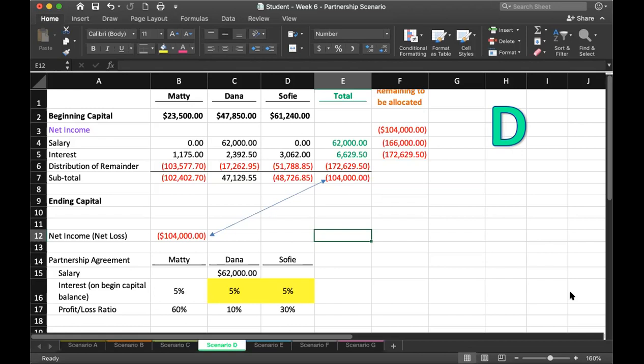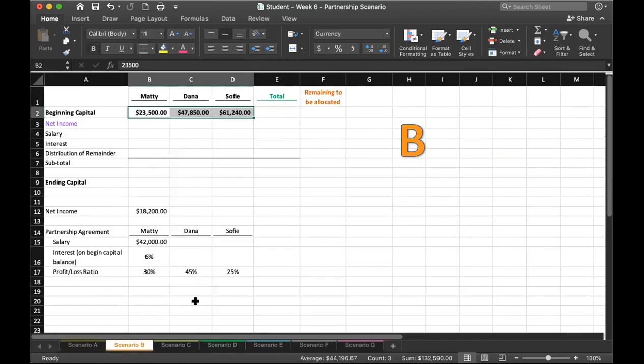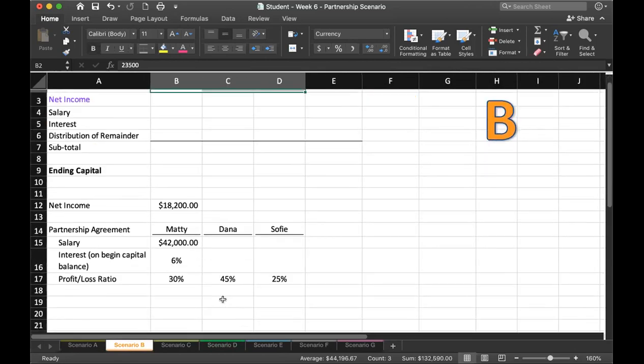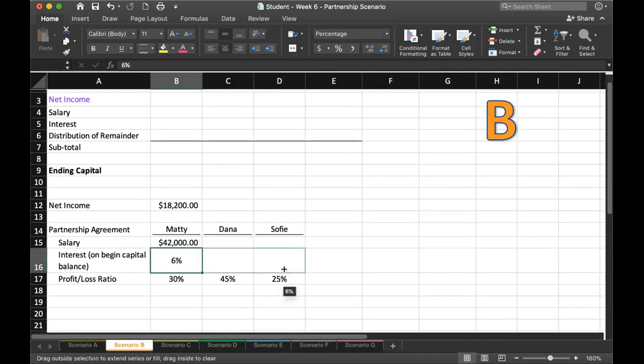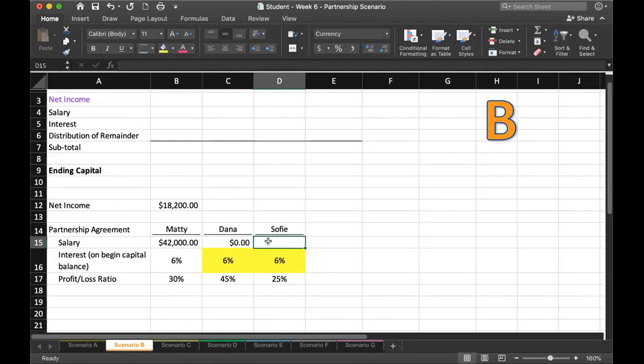It's 20 hours. Okay, I have not, let's see, which ones have I not done? Okay, so we haven't done B, but let me just kind of edit this because the interest rate in this one is a little bit different, and for completeness sake, I'm just going to add that Dana and Sophie have no income.